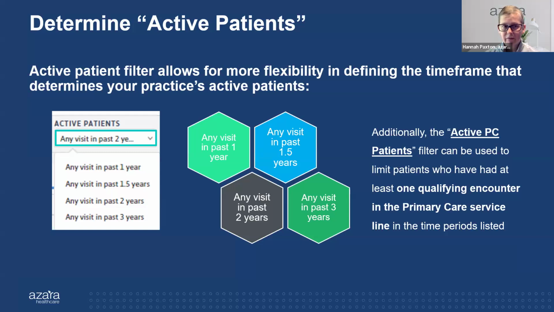And you have choices of 1 year, 1.5, 2, or 3. And then you can't see it here, but you also have the ability to specify any visit, meaning they could have seen other services beside primary care, but you also have the option to restrict it to those primary care visits.